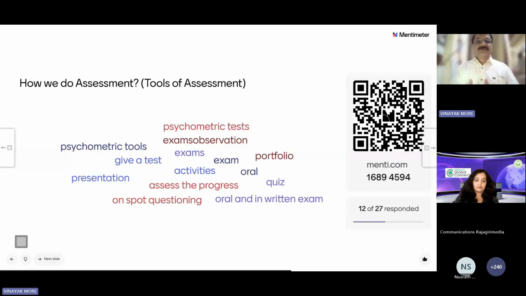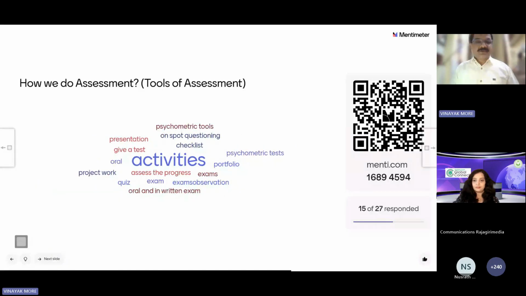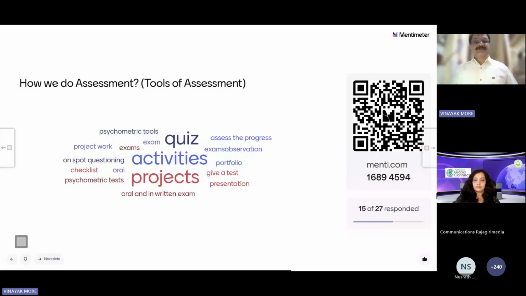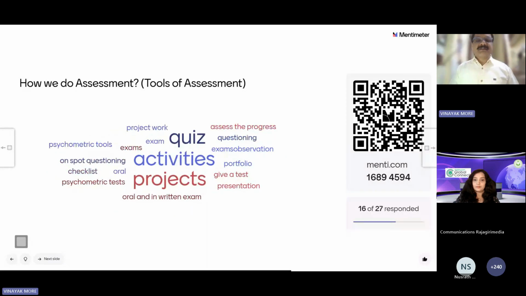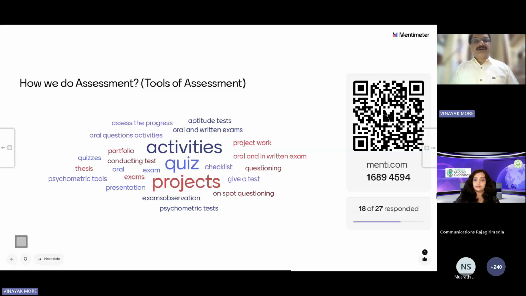Exams or observation, also activities. You can give them activities and you can do the assessment as well. Quizzes, projects. Okay, you can give projects also. Correct. Many of you believe quizzes, activities, and projects are the tools.